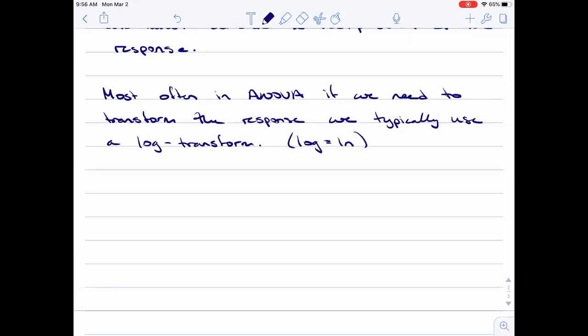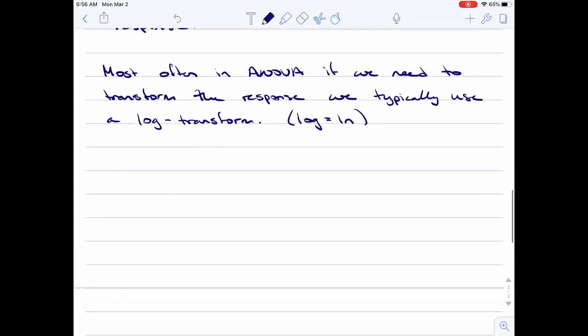Log is ln. For all of stats, unless you're dealing with sound waves and stuff, where log would be base 10, in the rest of the world typically we're dealing with log base e. You guys are kind of on the edge though, because computer science uses log base 2. But in stats, whenever you're doing statsy things, if it says log, it means the natural log.